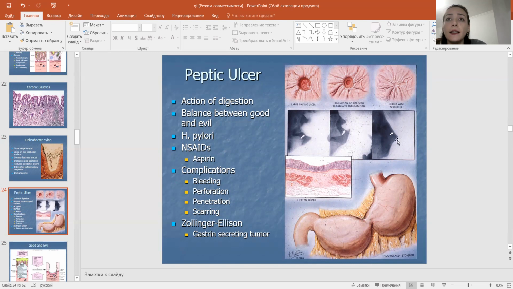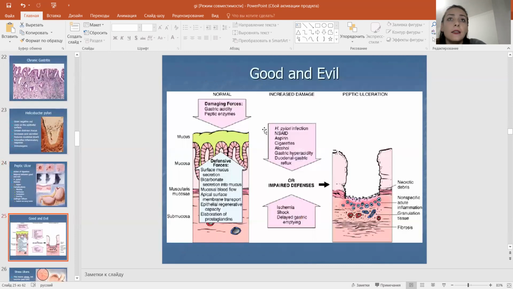In the pathologic view, good and evil: the aggressive forces and defensive forces. If the balance between these forces is lost, it can lead to peptic ulceration.